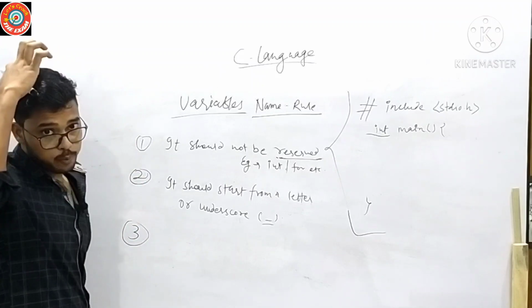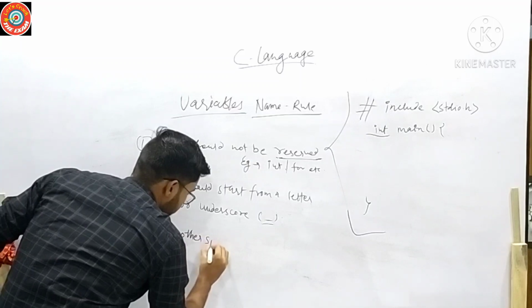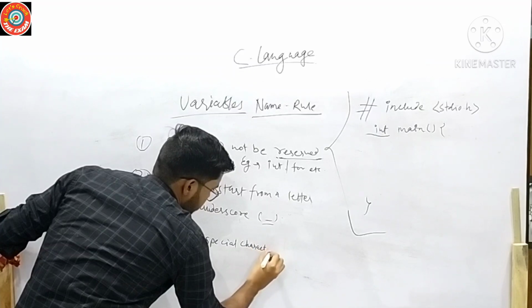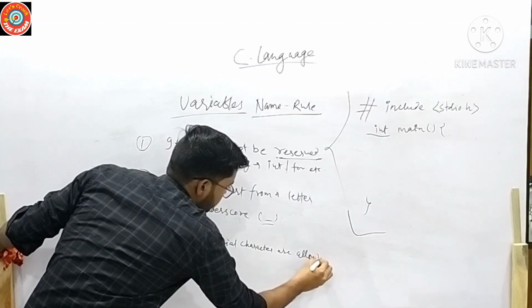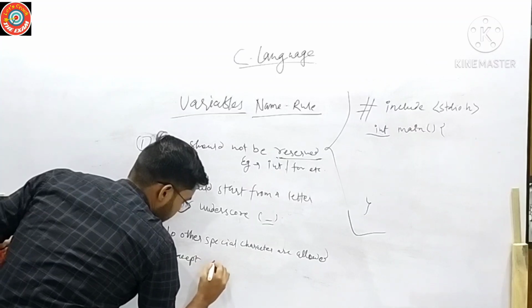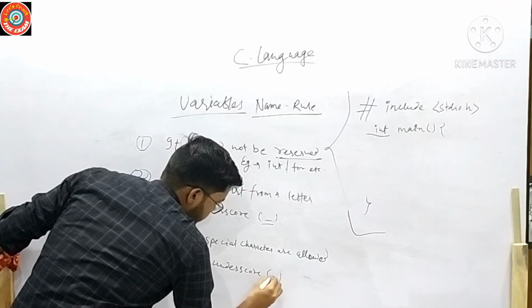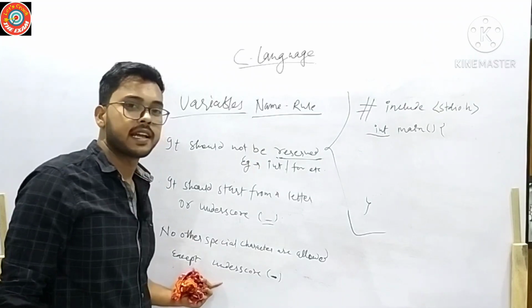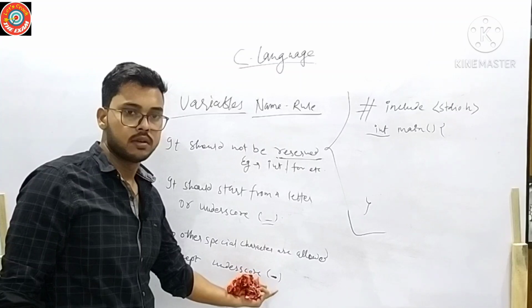Now the third point is, no other special character is allowed except underscore. We cannot use any special character in the name of variable. We can use only underscore, nothing else.